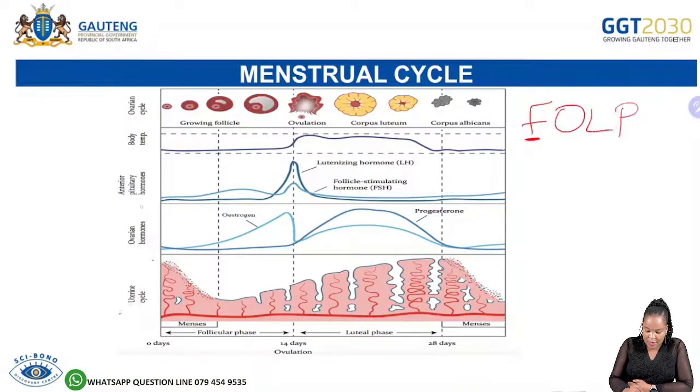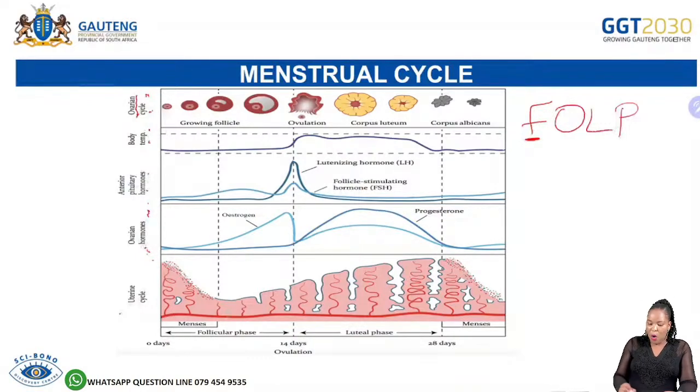The second one, you must check what is happening in the ovaries, or the ovarian hormones. Then you must check what is happening in the pituitary gland, which hormones are going to be secreted. Then body temperature, sometimes it will tell you. The most focus will also be on the events in the uterus or in the ovaries, and what influence that will have. So let us start now.